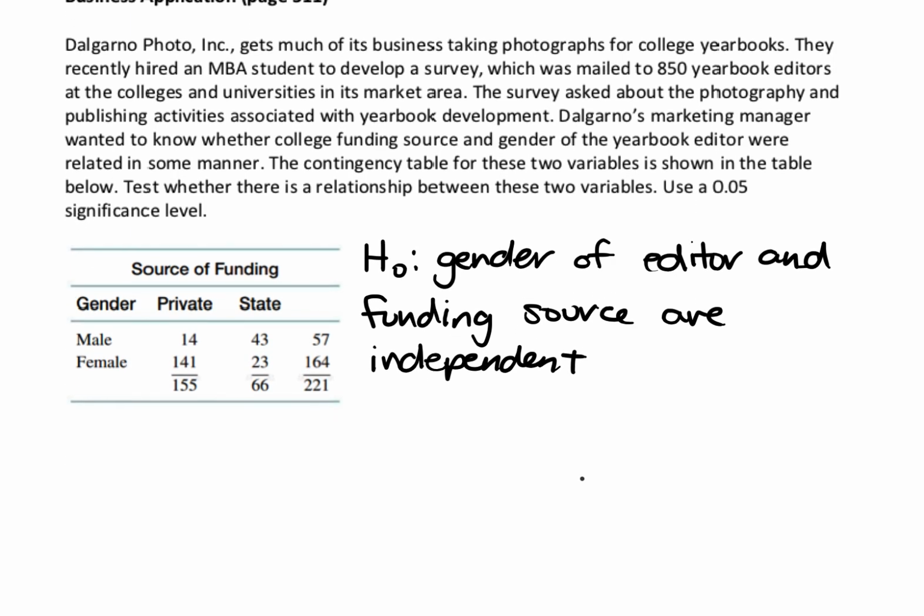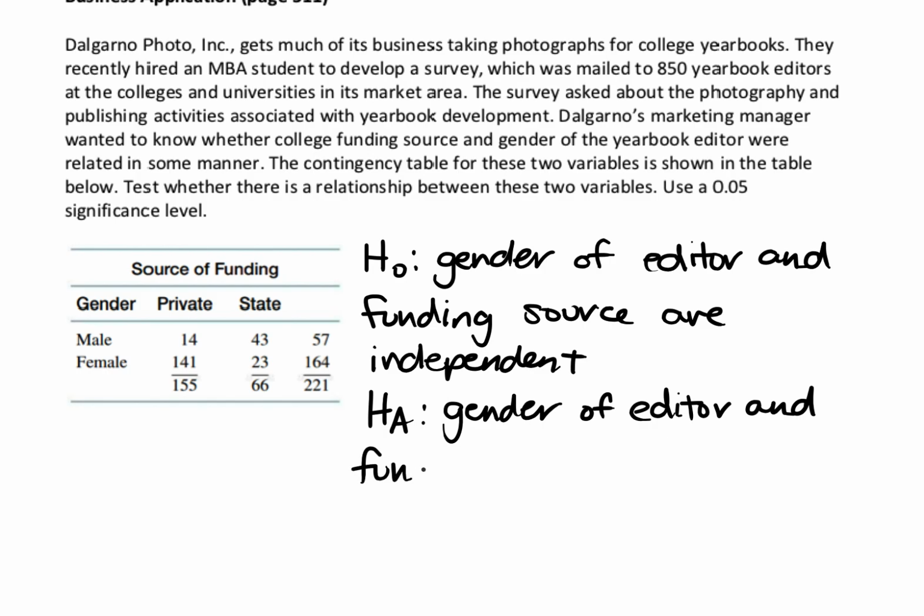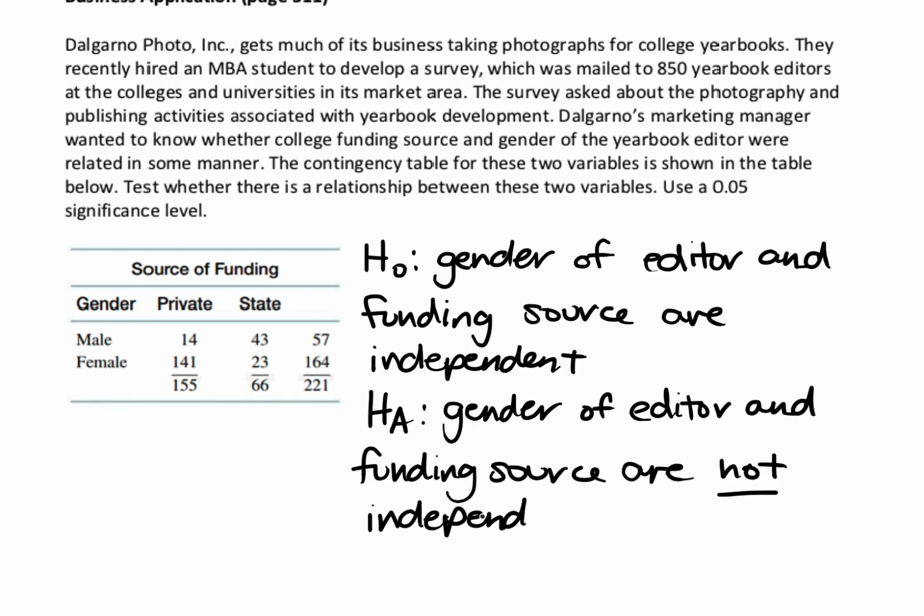And then our alternative hypothesis is going to be that gender of the editor and the funding source are not independent. So there is a relationship between the gender of the editor and the funding source.